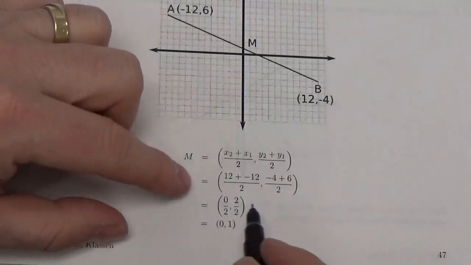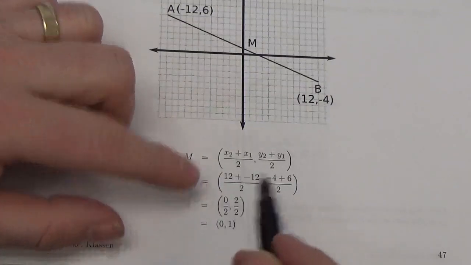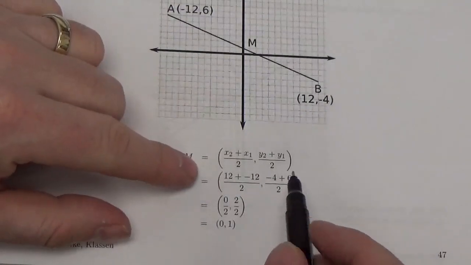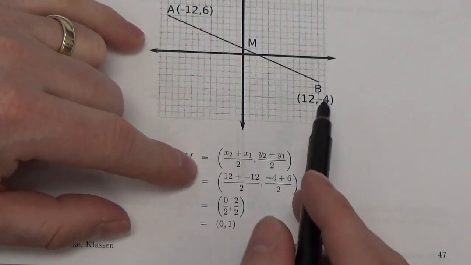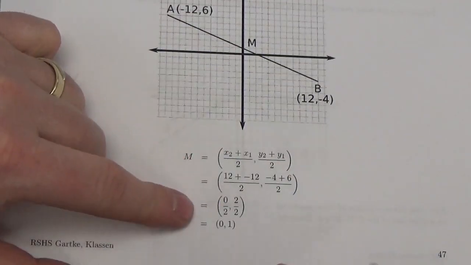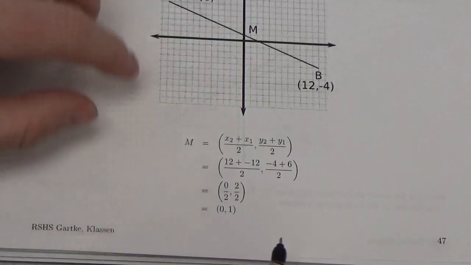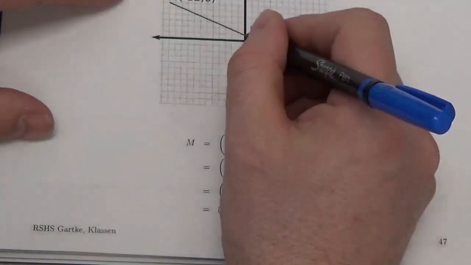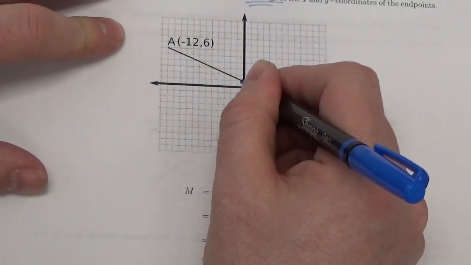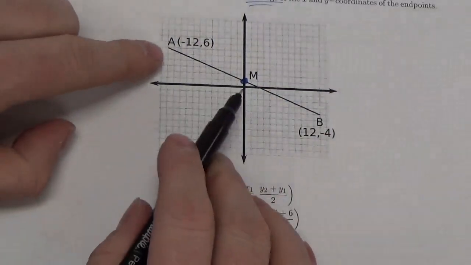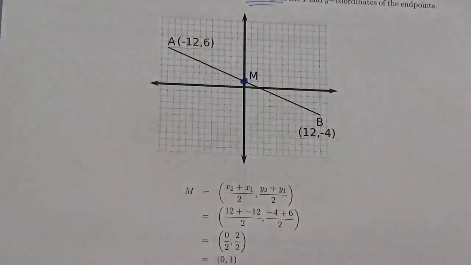In this case that is going to be 0. Again, the negatives are important here. The y coordinates, negative 4 and 6, add them together, divide by 2. And in this case, we're going to get a midpoint of 0, 1. So right there, that's our midpoint. And we know that that's going to be halfway in between.